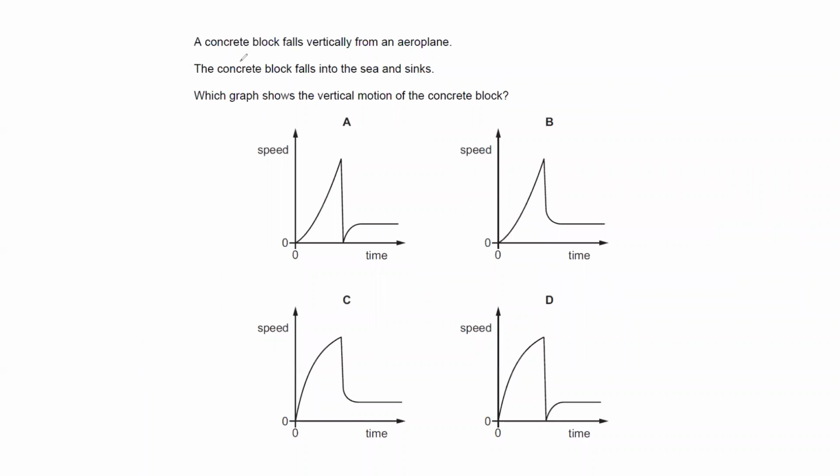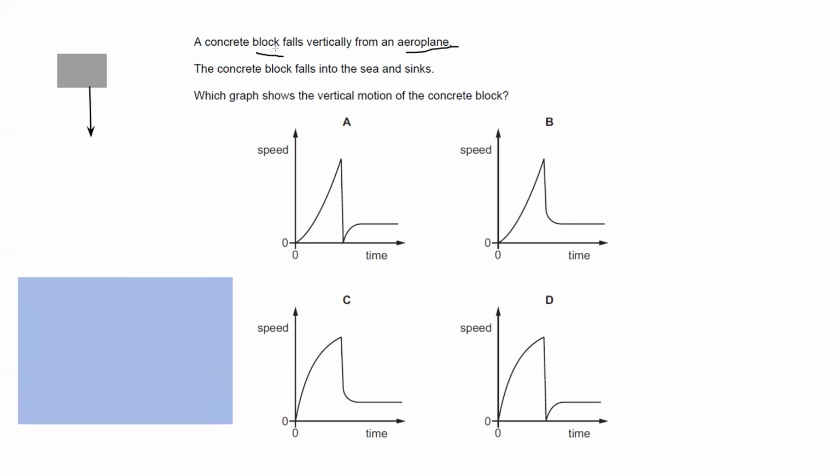In this question, there's a concrete block which falls vertically from the airplane. So we drop a concrete block from the airplane and the concrete block falls into the sea and sinks. For example, this is the sea or water.